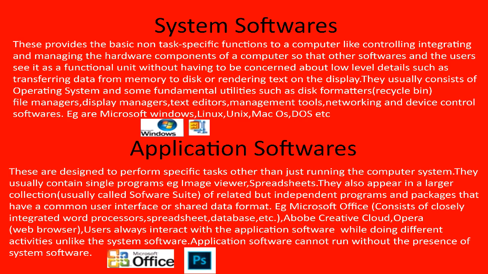What you need to note about application software is that the user always interacts with it while doing different activities, unlike the system software, which you cannot interact with in the same way. So these are just apps, for example Adobe Photoshop and Microsoft Office.